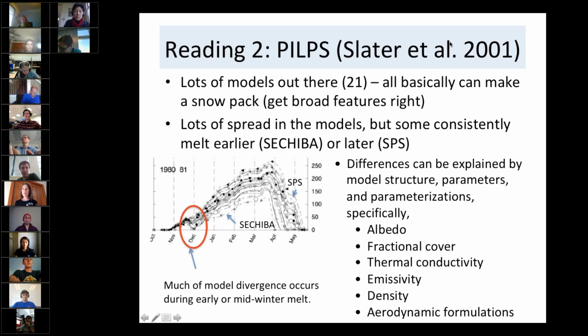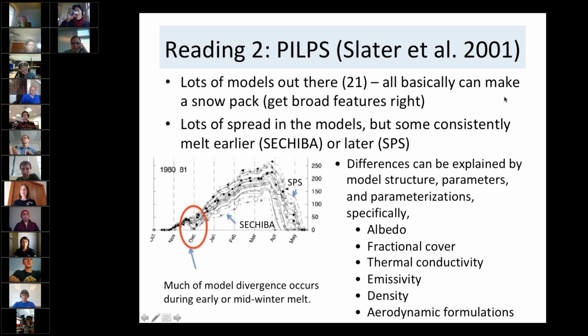Drew Slater was really essential and important help in the very first snow modeling class I ever put on. He's done a ton of modeling for both snow and permafrost and in climate models. And he was in charge of really doing the evaluation of why all of the different land surface models in the PILPS study were totally different.